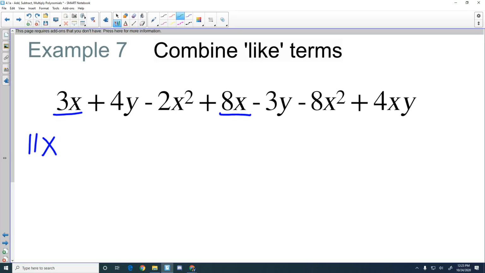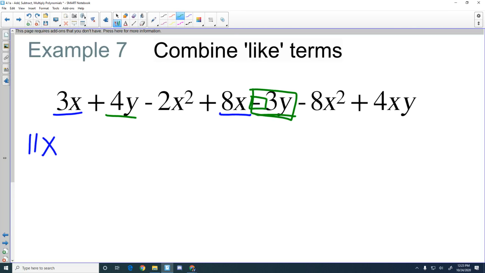Okay, go to the next term, 4y. Do we have any other just plain old y's by themselves? Yes, we do. There's a negative 3y. Now, a very important thing with polynomials is to recognize that the sign in front of a term stays with that term, okay? So this isn't a 3y, this is a negative 3y.